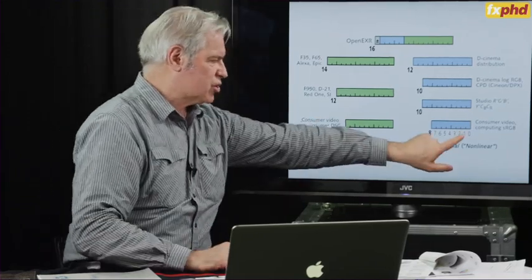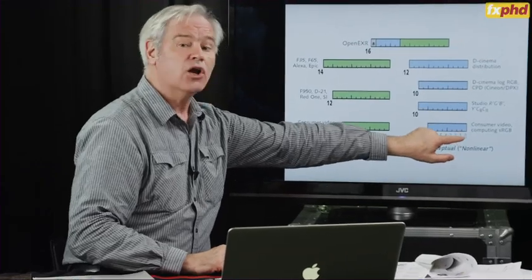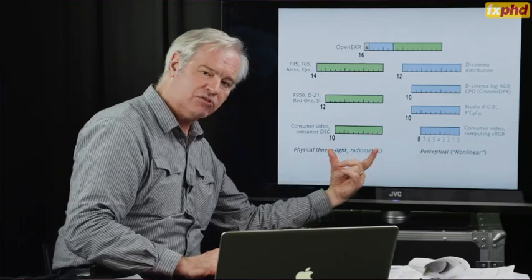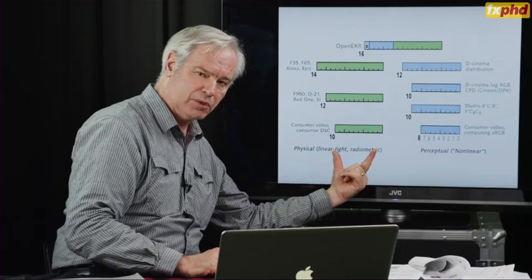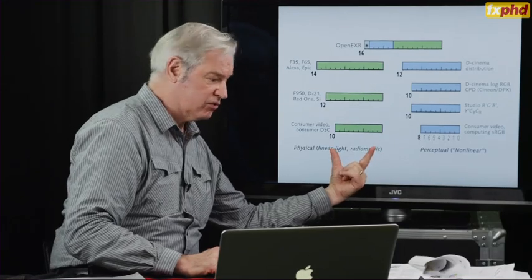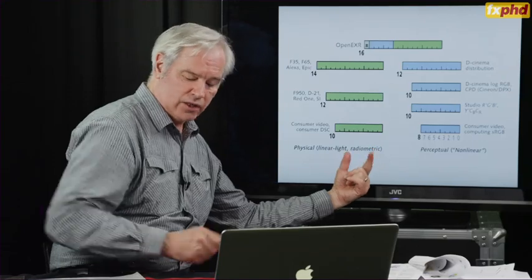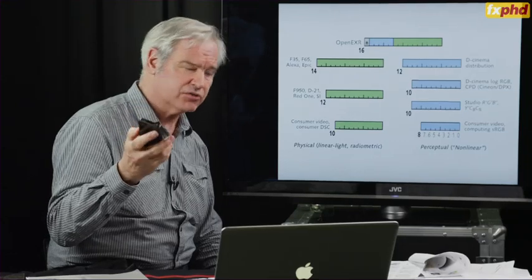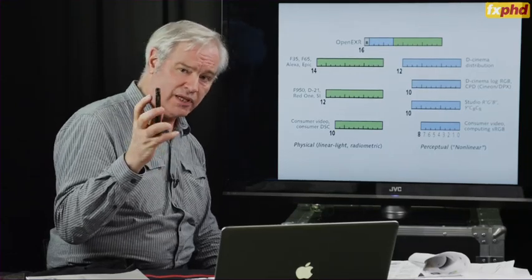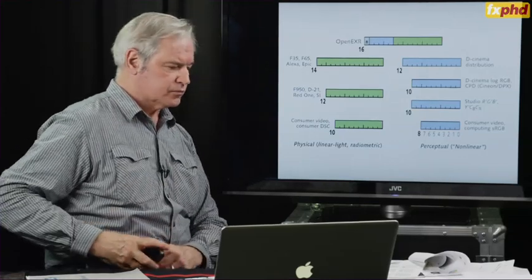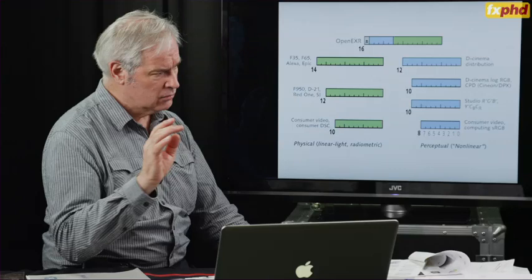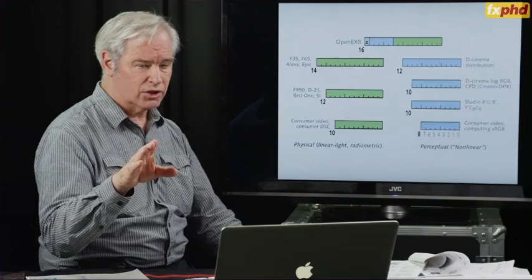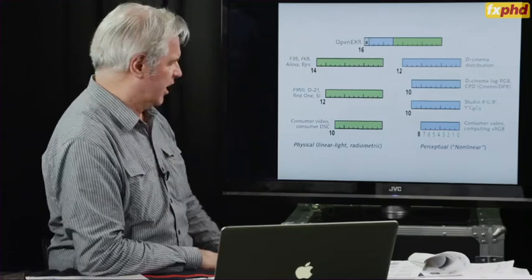So to match the performance of 8-bit nonlinear perceptual code, we need about 10 bits of linear light space in each component. And that performance would be achievable in, say, my iPhone camera. I don't know the details, but I expect this to be a 10-bit camera. And there are even certain digital cinema cameras that have been 10-bit converters, but that's a story for another day.